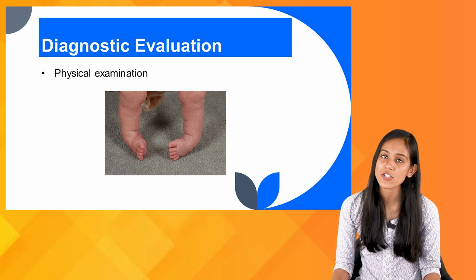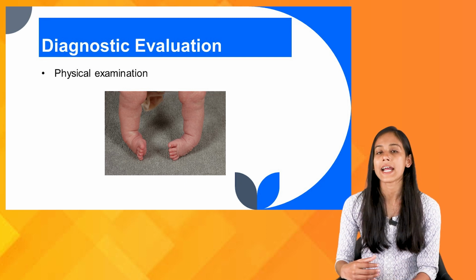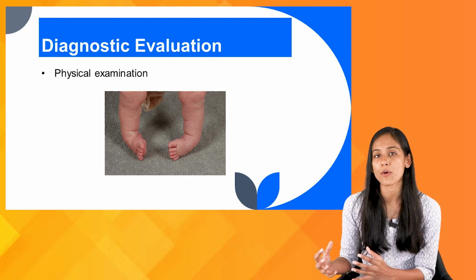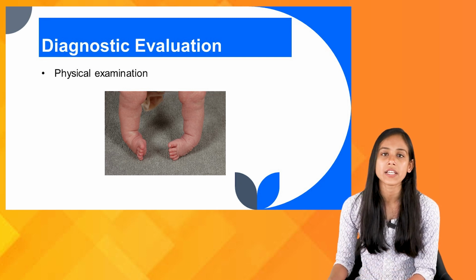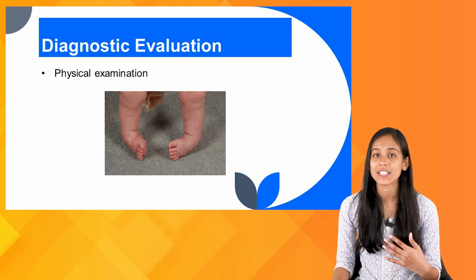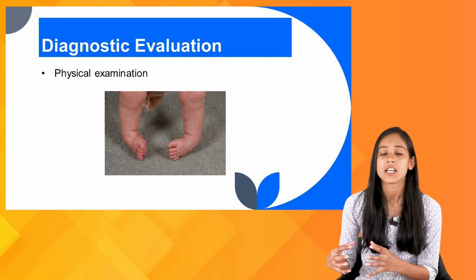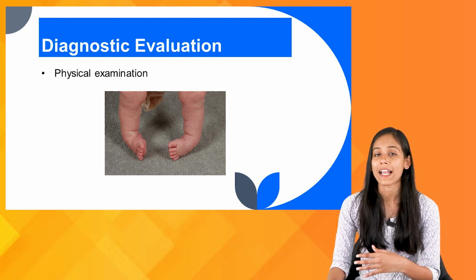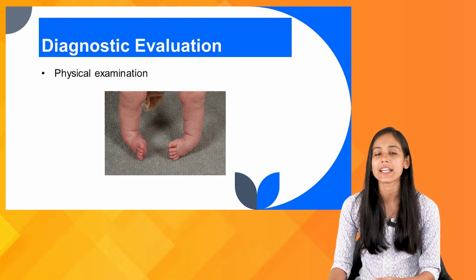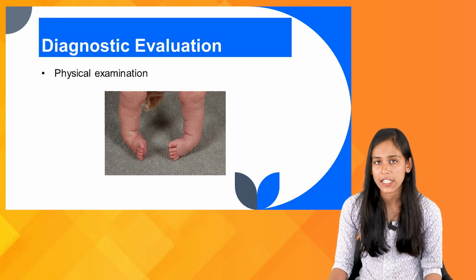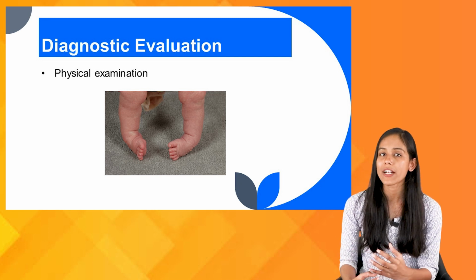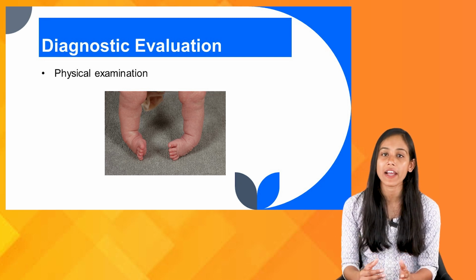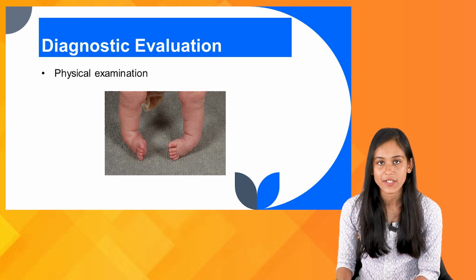There are three major bones which would be affected: in some types, the talus bone would be affected, in some the calcaneus bone, and in some the navicular bone. So while doing physical examination, we can find out these manifestations.